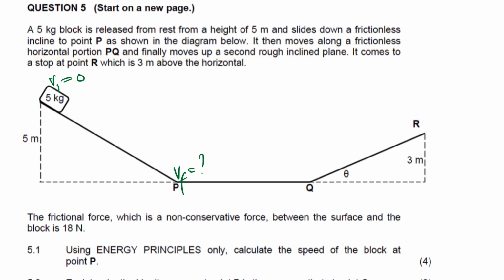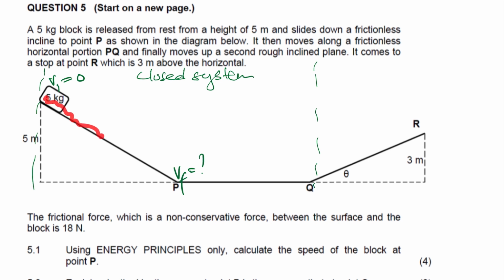So what they mean is that from the top of the incline to PQ, it's a closed system because there are no non-conservative forces here.